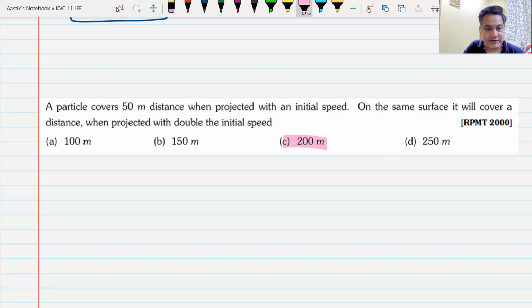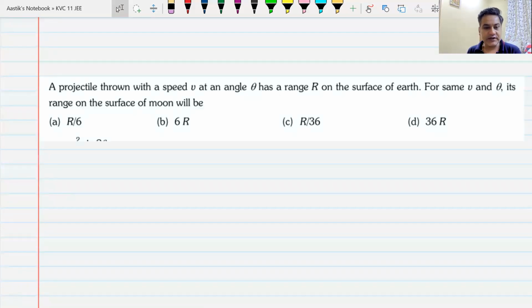Okay, here comes the next one. Read the question. Remember how you had done it. If there's anything that you need to note, just note it with the question. A particle is thrown with a speed v at an angle theta and has a range r on Earth. For the same v and theta, what is the range on the surface of the Moon?